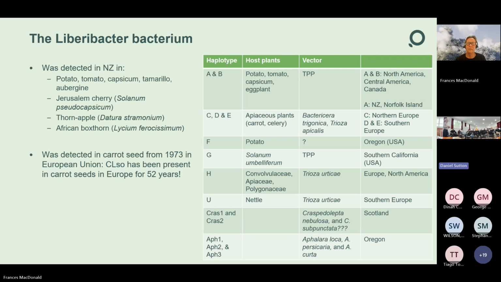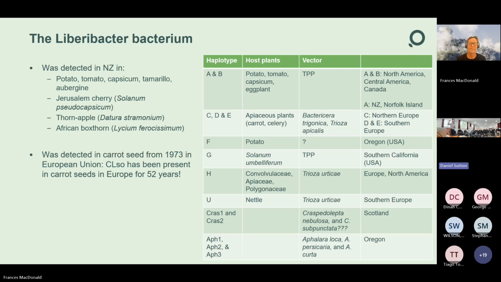The most interesting part is that when we look at the one that attacks potatoes, it has a lot of haplotypes, and they give them letters to indicate the haplotypes. Haplotype means that they're just slightly genetically different from each other. So they still have the same name, and then we say haplotype A or B or F. What you can see here is that we have quite a few different ones found now.